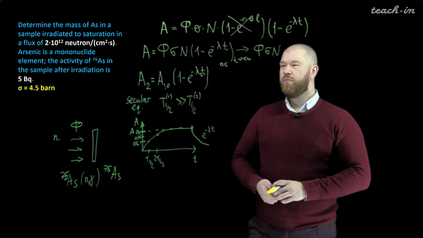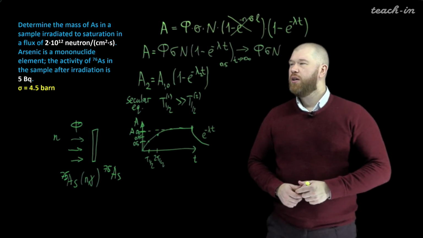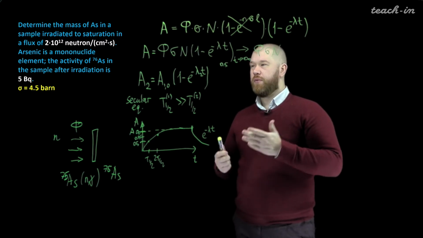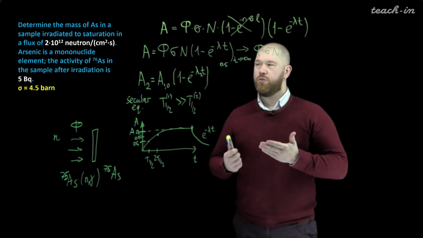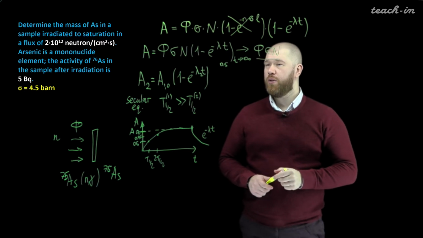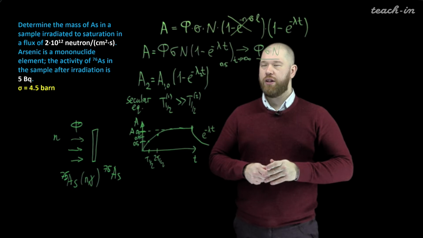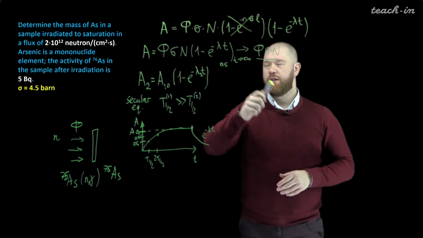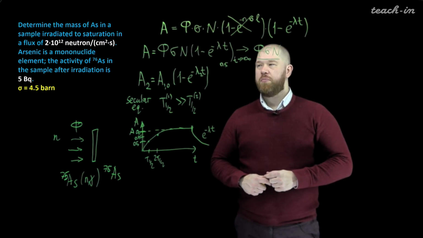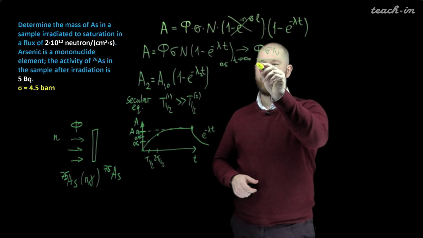Okay, so now let's move back to our task. We know that the irradiation was to saturation. That means that we will use this simple equation, a relationship between the activity and the number of atoms and other parameters. We know the flux of the neutrons.